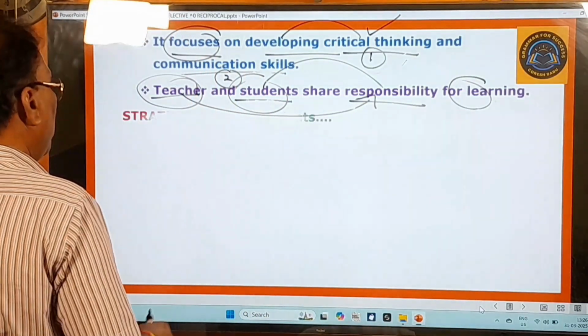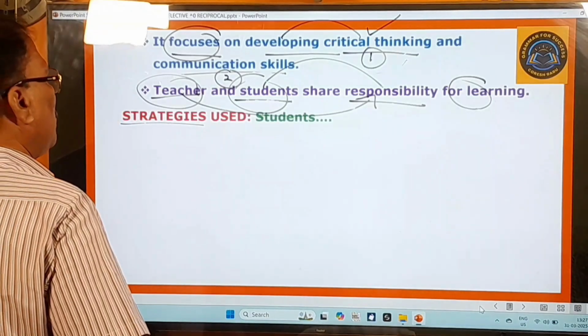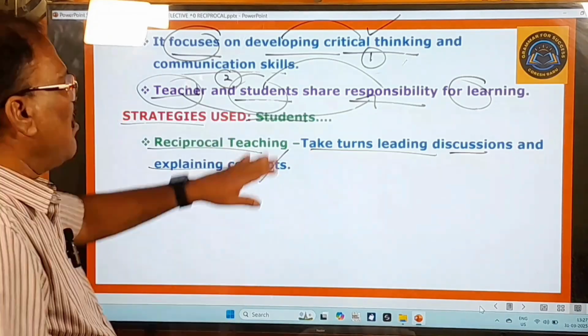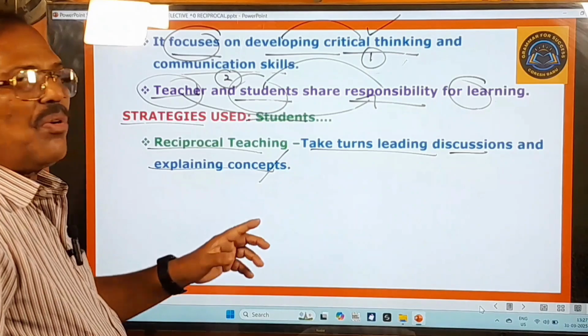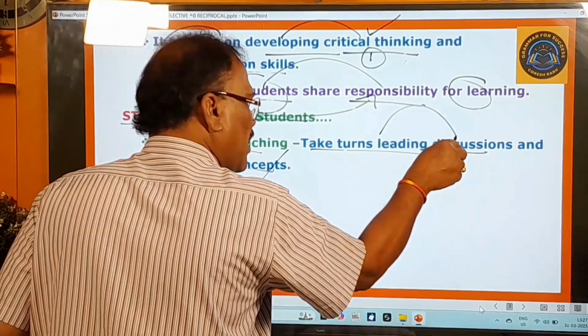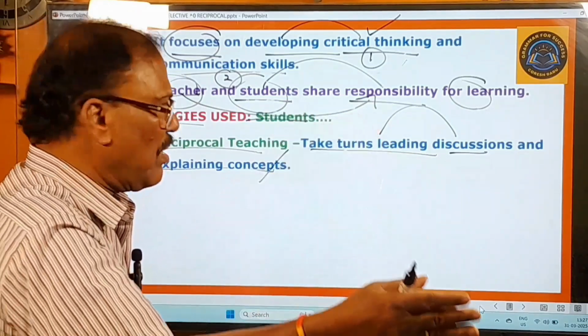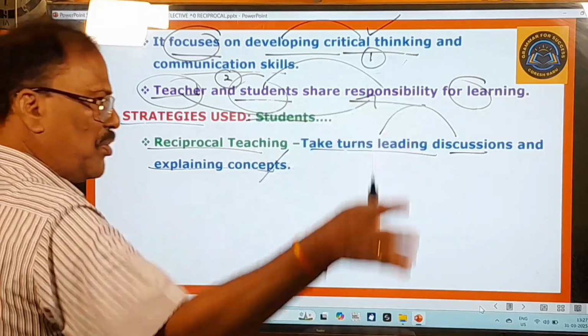And here you pay attention. Strategies used in this teaching. What are the strategies used in this teaching? Reciprocal teaching means give and take teaching, you know very well. Now, students take turns leading discussions and explaining concepts. That means the students by turns lead the discussions one after another. The students will participate in the discussion and later on they also start explaining the concepts to other students of the class.